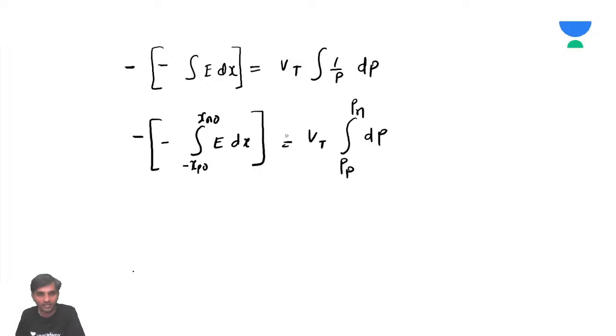So can I say this is the barrier potential Vb, yes or no?